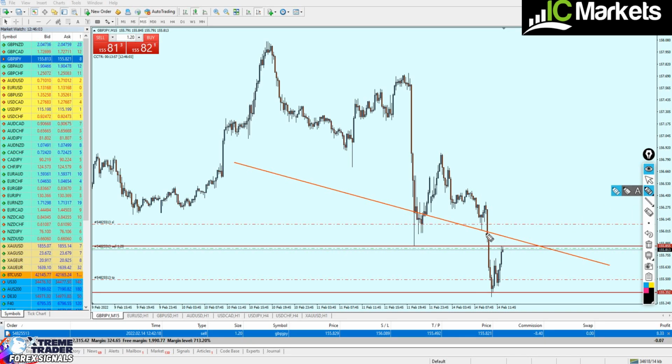As we can see, this was a previous support trend line, and we had right here the bearish breakout candle, which means that there is a possibility for the market to rise again, reaching that level of a previous support trend line to create a new resistance trend line, and from that point the pair might start the reversal. It's a possibility, but let's wait together and see what will happen. I prefer to pause the recording right now, and let's see together what will happen with this trade.